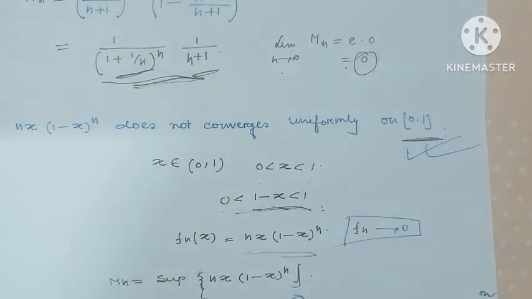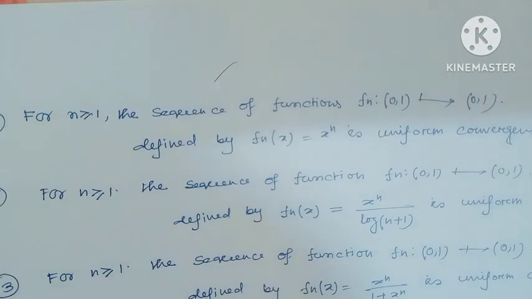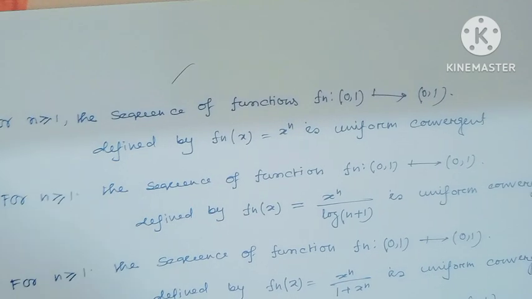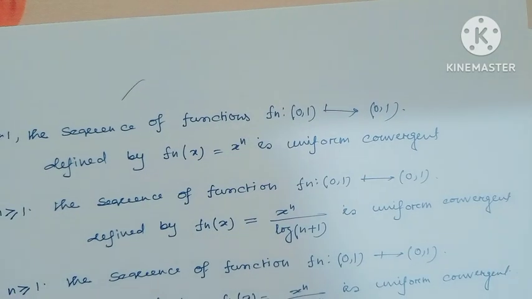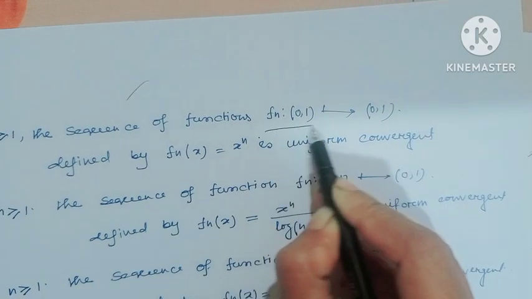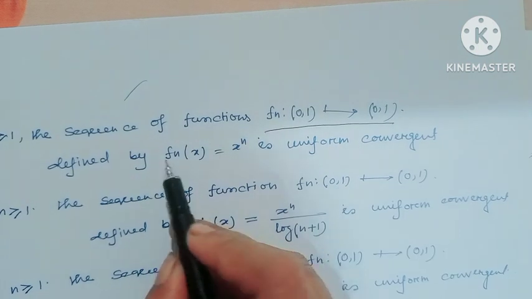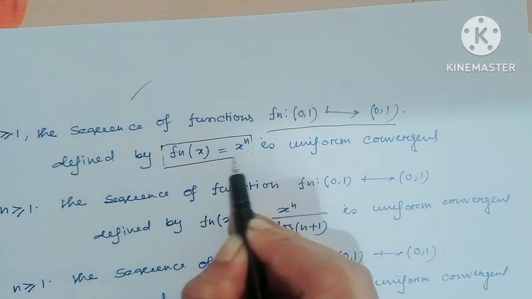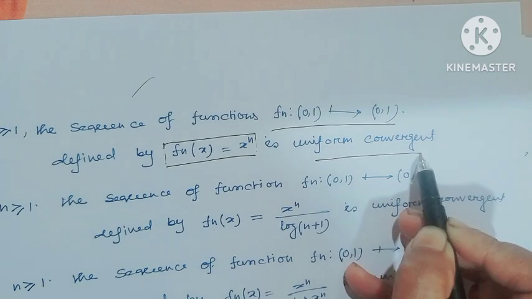Now I will see one example which came in CSIR NET, but this example is very conceptual. For n greater than or equal to 1, the sequence of functions defined from the open interval (0, 1) to (0, 1), defined by fn(x) equal to x to the power n, is it uniformly convergent?